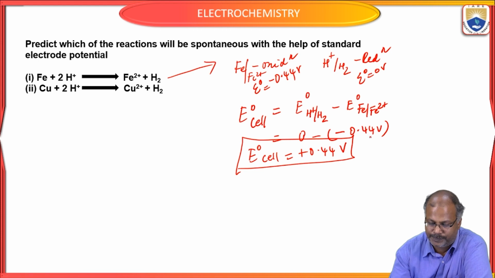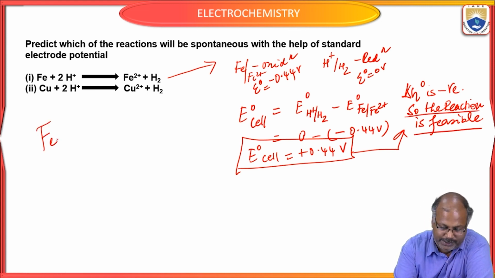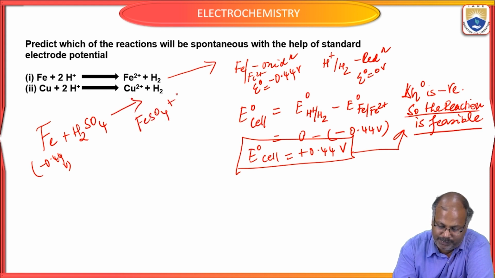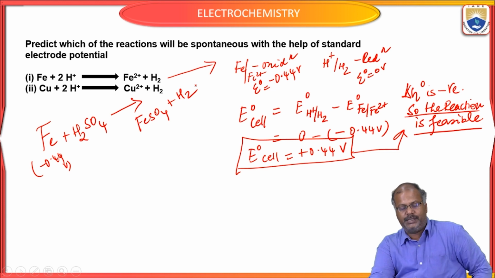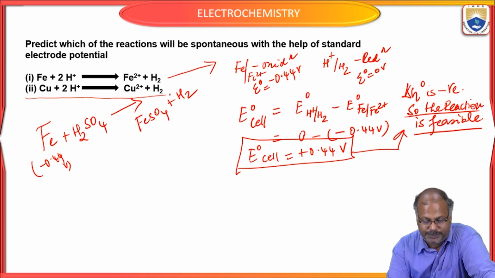So that shows that delta G is negative. So the reaction is feasible or spontaneous. We have seen in the application that iron with H2 gives iron sulfate plus hydrogen. Whereas the second, by seeing itself we know it is not possible.